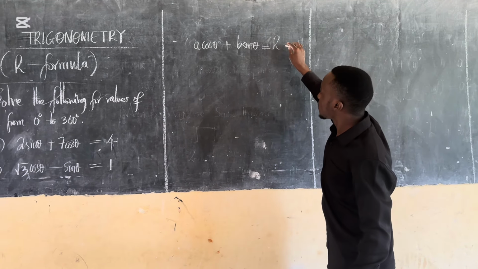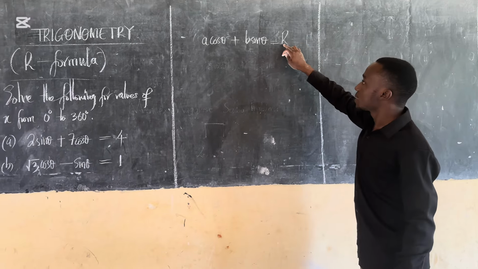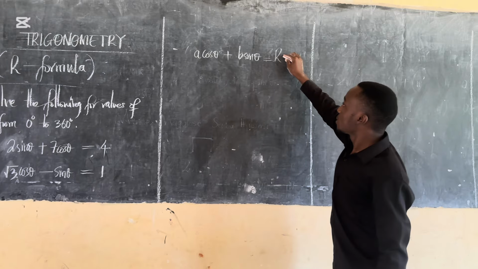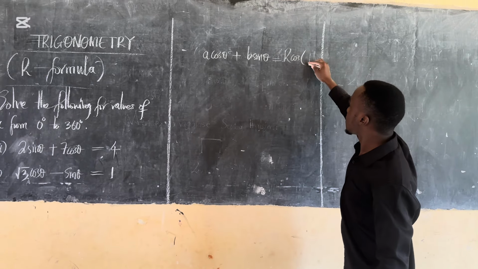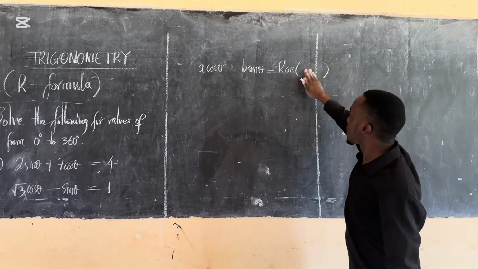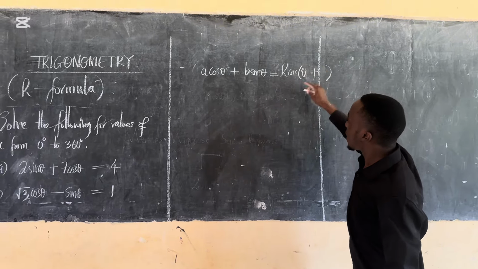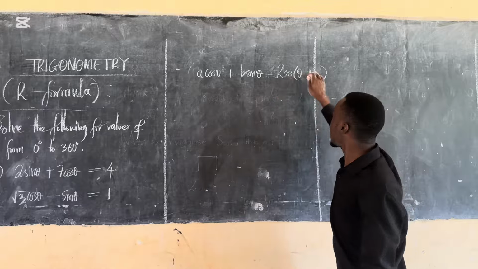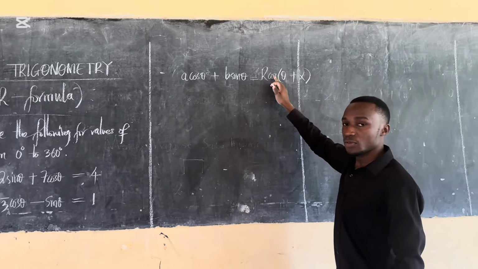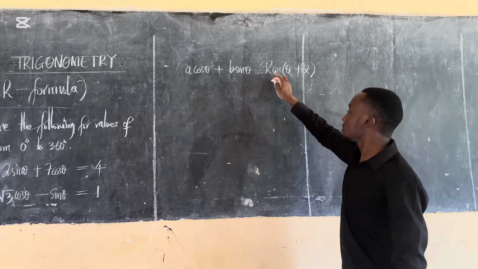Normally we get a certain constant which we call R, times that trig ratio, but of a certain angle, and this angle is the sum of our angle in play and some other angle generally. But this can be a cosine or it can even be a sine.